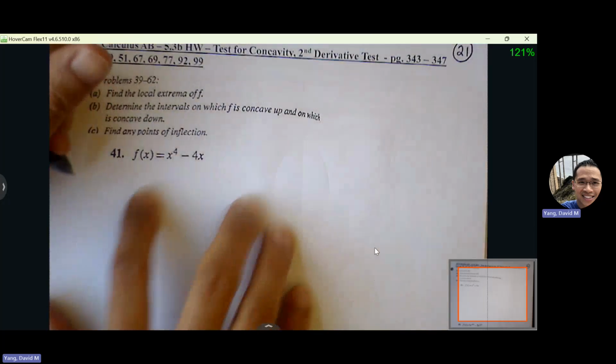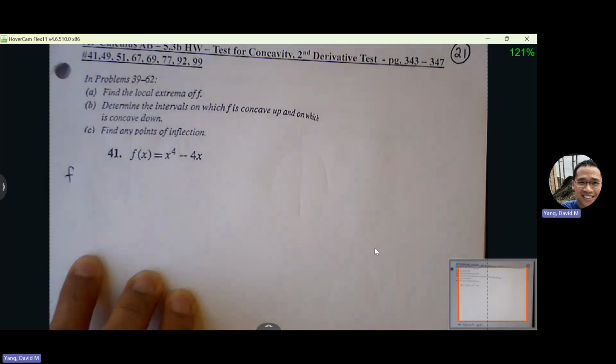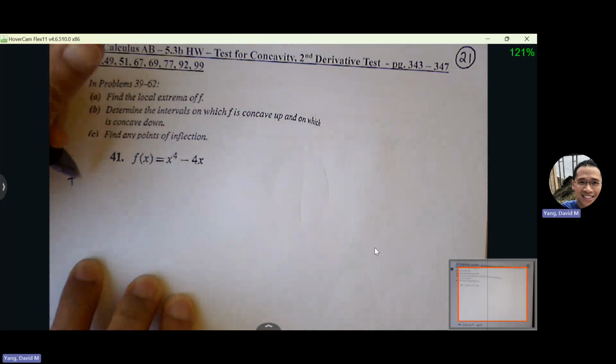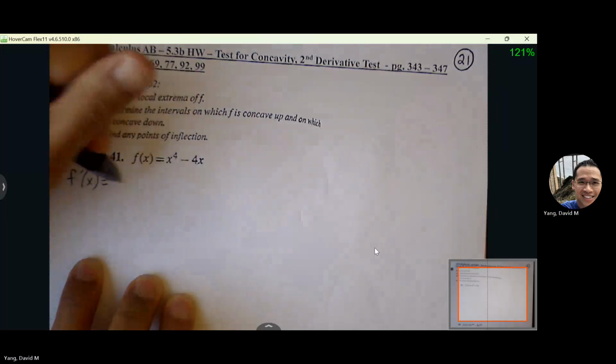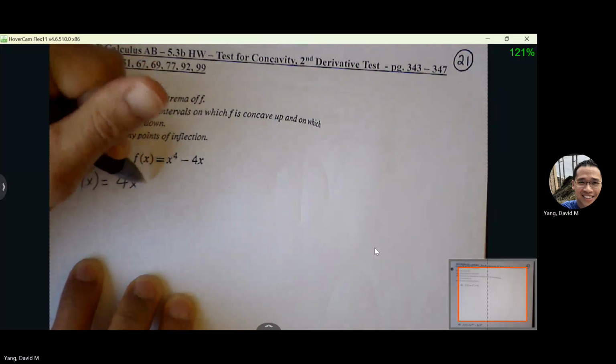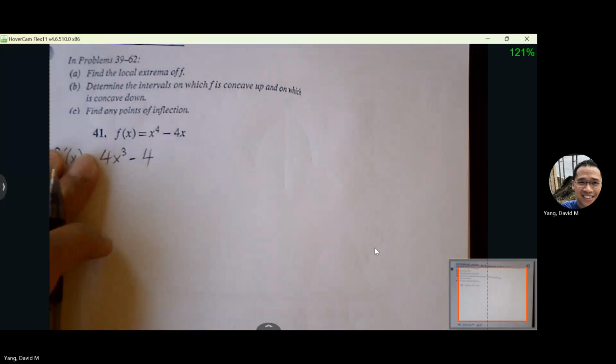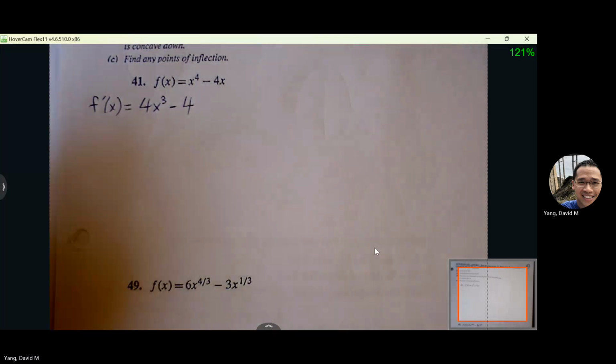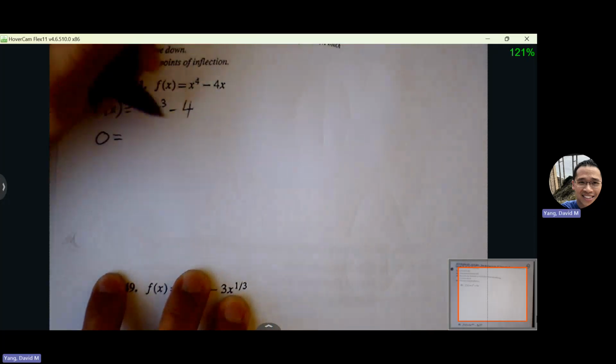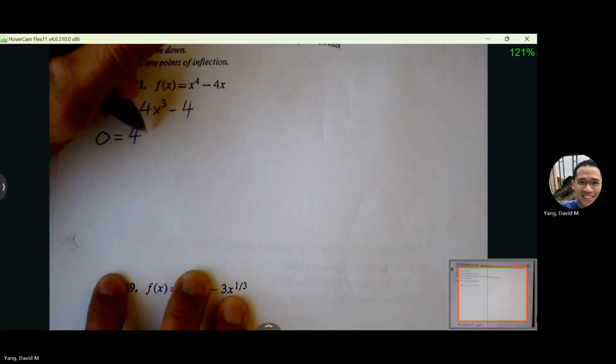So let's find f prime, page 21, number 41. Set equal to 0, factor your GCF out.